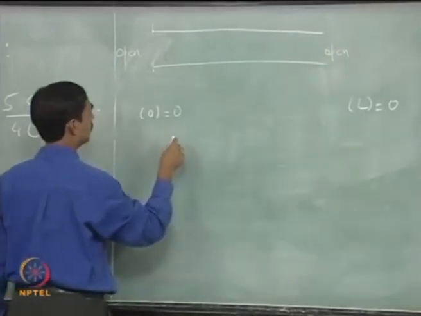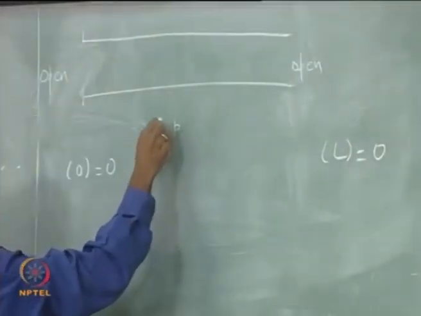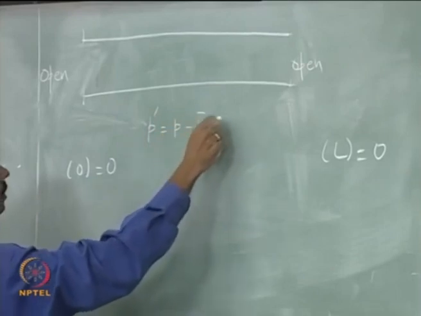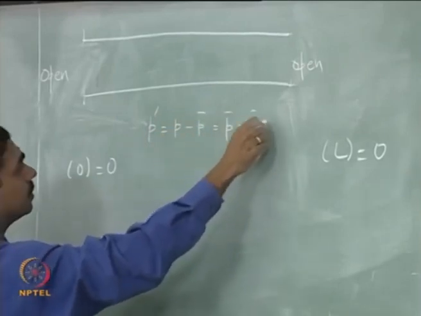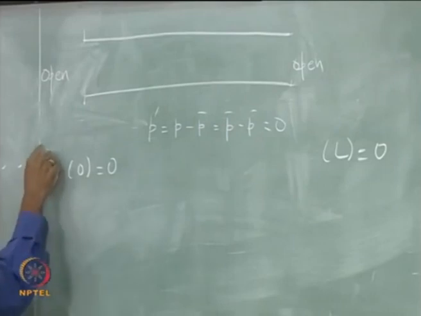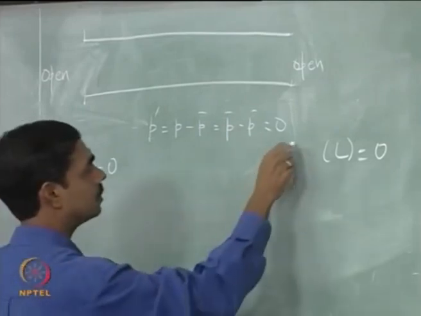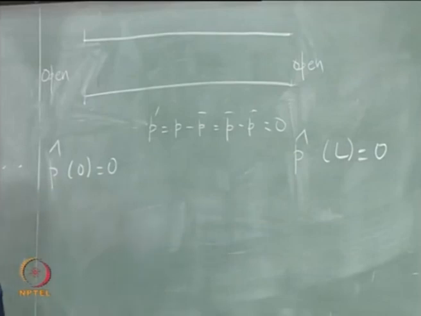So for an open condition, P prime, which is P minus P bar, equals 0. So you can say P hat of 0 is 0 and P hat of L is 0. So what would be the natural frequency you get?